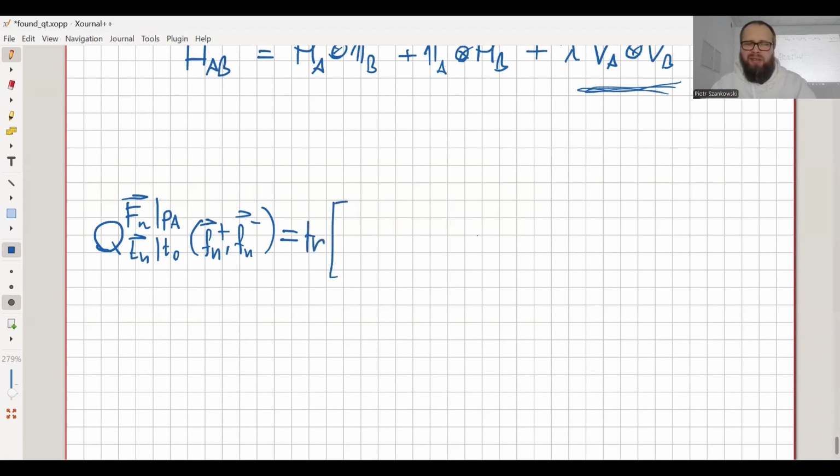So the trace over A and B, right? Total trace. And we would have a product J, n to 1, Q A B, which, because of interaction, no longer factorizes.